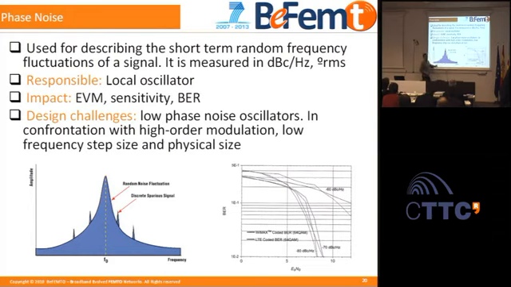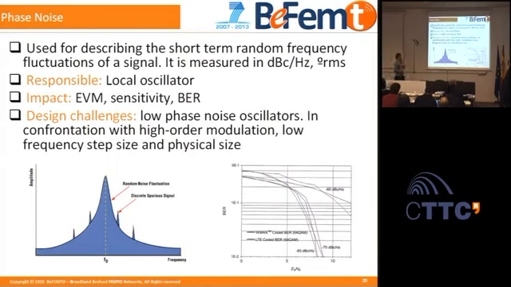The lower the phase noise, the narrower the skirts, and it is very important to design this part with care. The impact of bad phase noise is an increase of the error vector magnitude. You also have problems with sensitivity, because if the skirts are very wide you can have problems there, and also an increase in the bit error ratio.